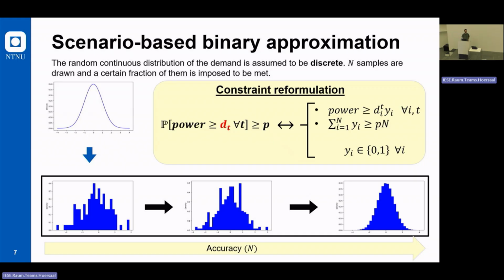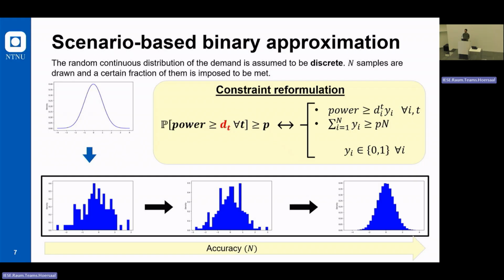So the first constraint we impose is that for every scenario, we have to meet this power greater or equal than d times y. And then we have a last constraint, which imposes that we have a certain amount of y's equal to 1, that fulfills the reliability level p that we set in the first slides.